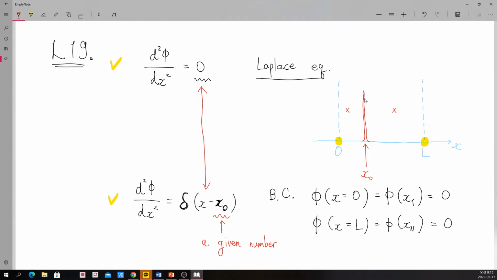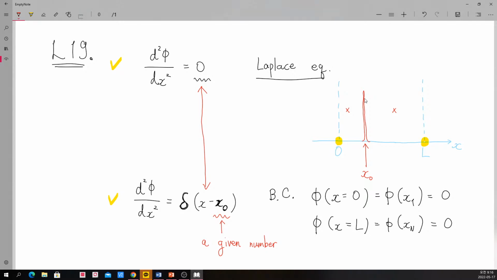But now, in this newly introduced equation, both the left plate and right plate are biased to ground.